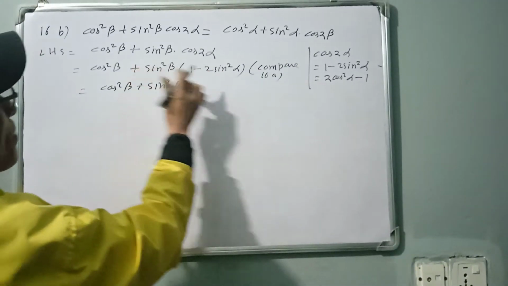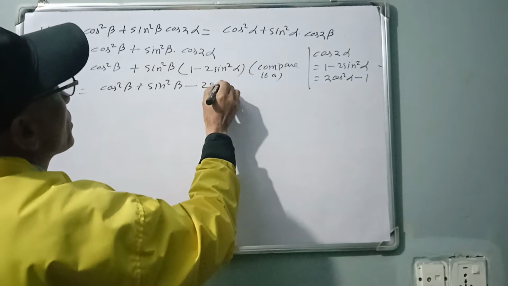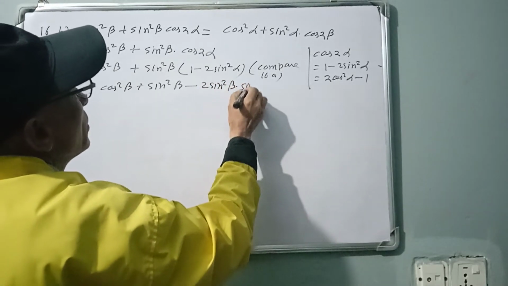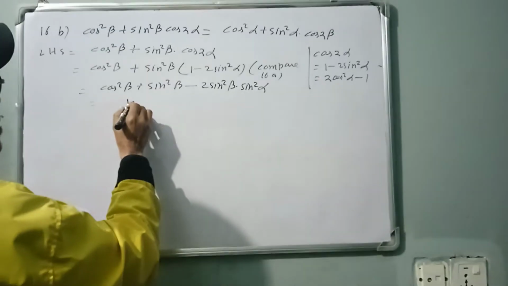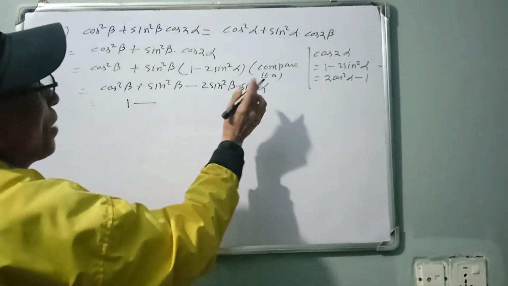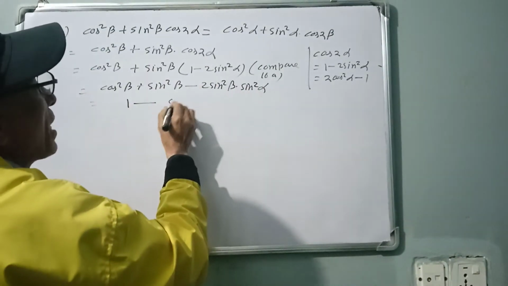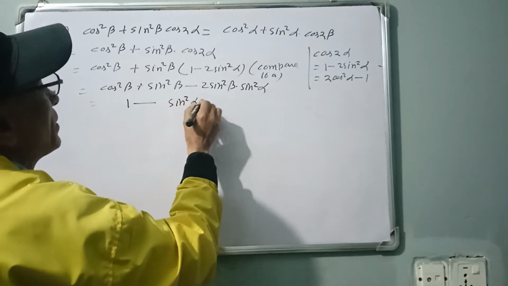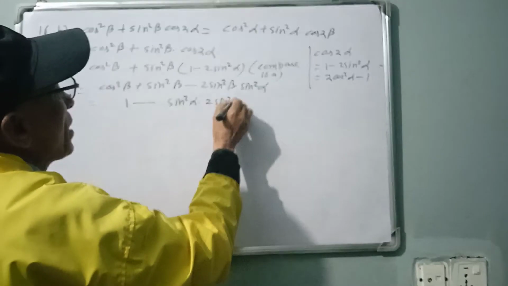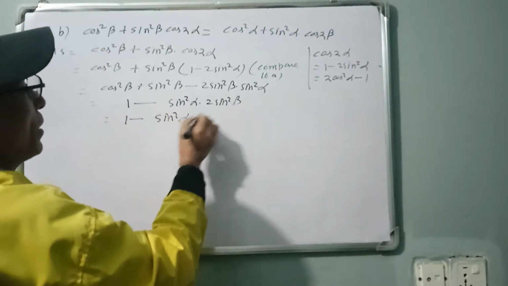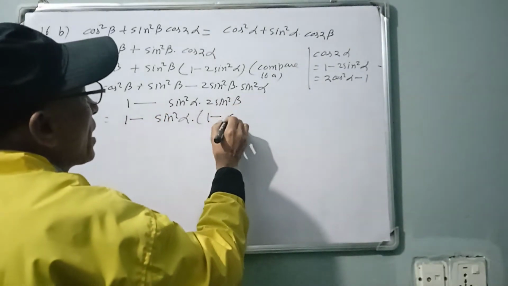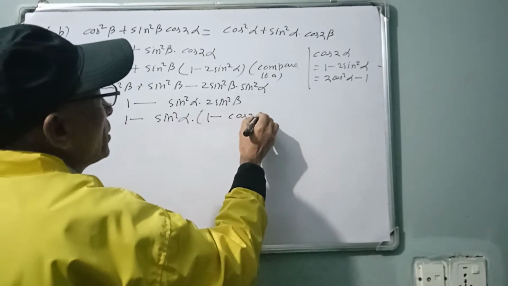Multiplying by 2, 2 sin square beta into sin square alpha. Now cos square beta plus sin square beta, 1 minus, bringing this forward, sin square alpha into 2 sin square beta. 1 minus sin square alpha, 2 sin square beta is 1 minus cos 2 beta.